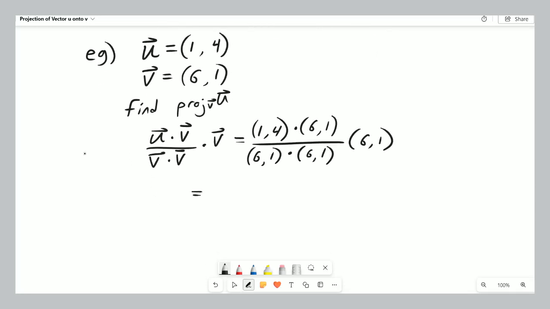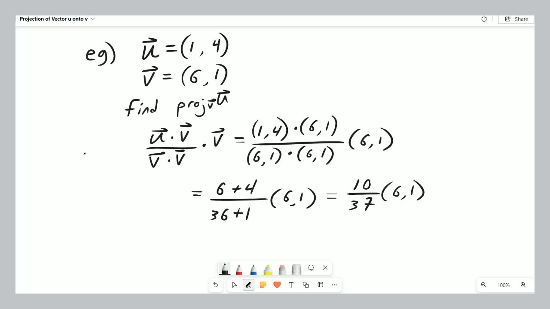So calculating that, we have 6 plus 4 divided by 6 times 6, which is 36, plus 1 times 1, which is 1. And here you can see why the dot product of a vector with itself is the magnitude squared. Because if you were to just square root this, well, that would be the magnitude. And we multiply that by 6, 1. So we have 10 over 37 multiplied by 6, 1.